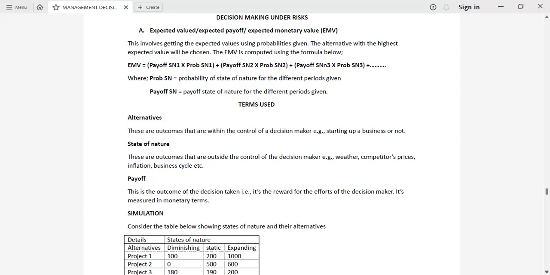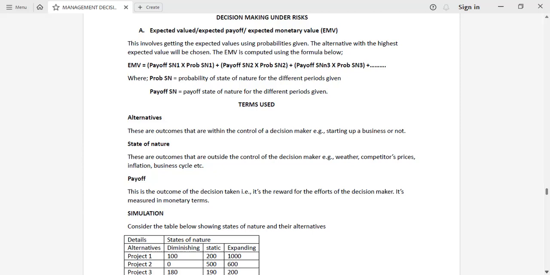If you have project 1, project 2, and project 3, you take the payoff or the reward, multiply by the probability, and find their expected values. Then you pick the one that has the highest. It is the one that we go with. So that is the first method.